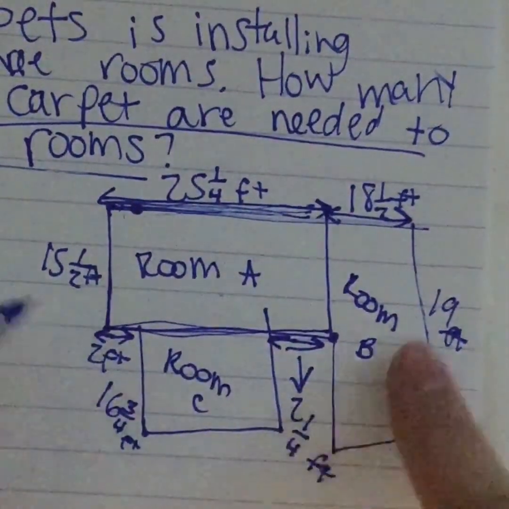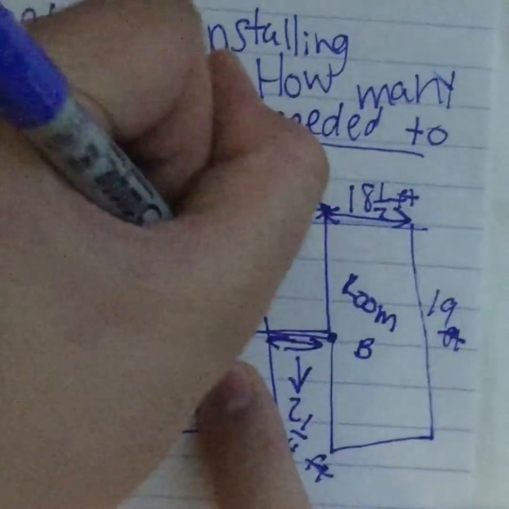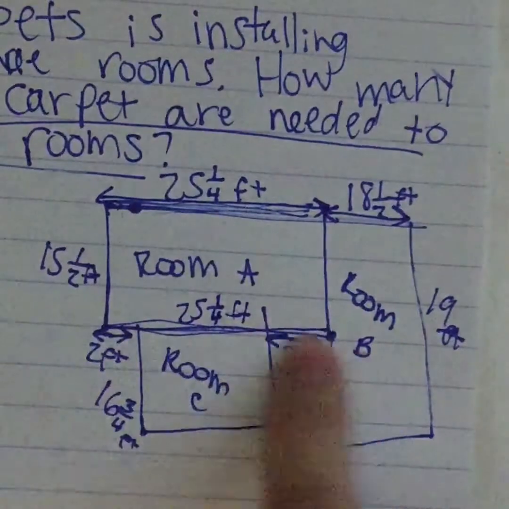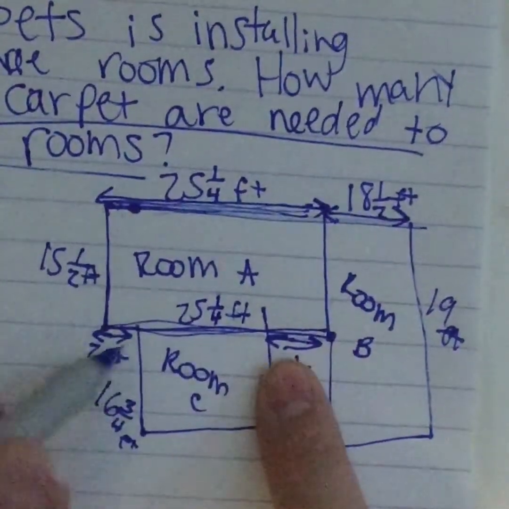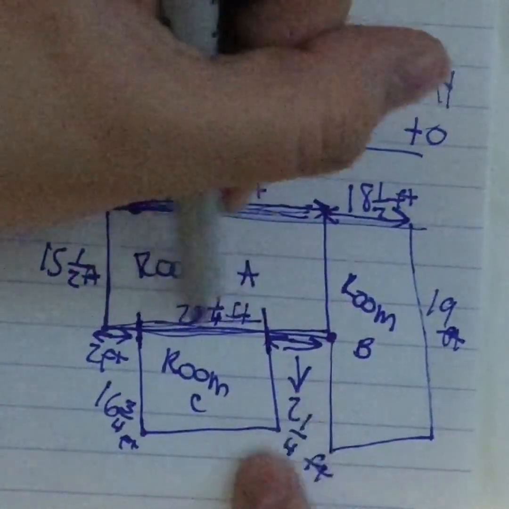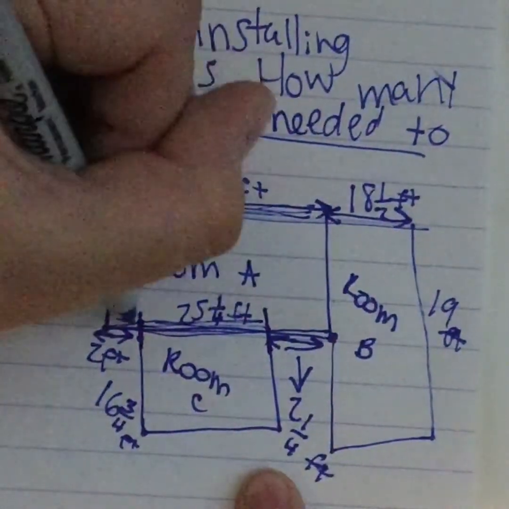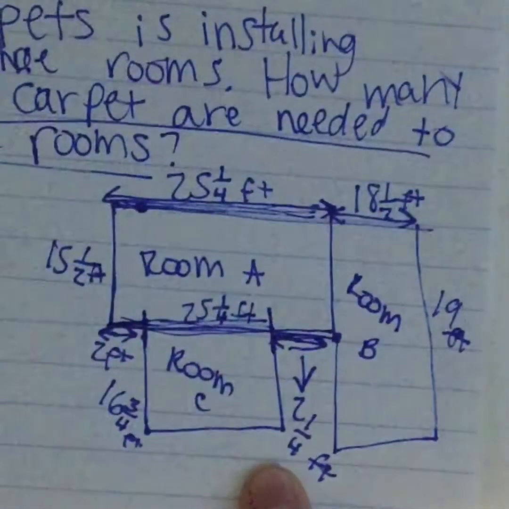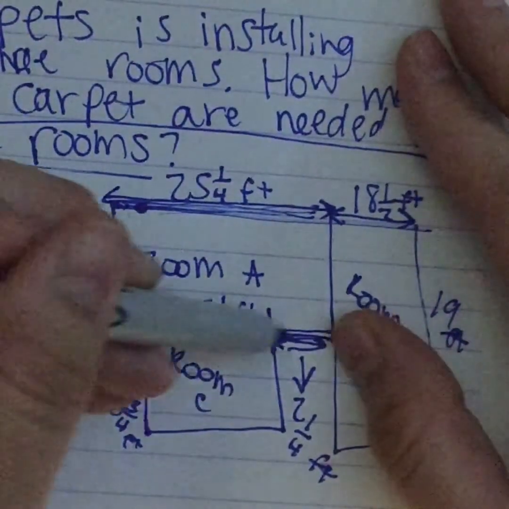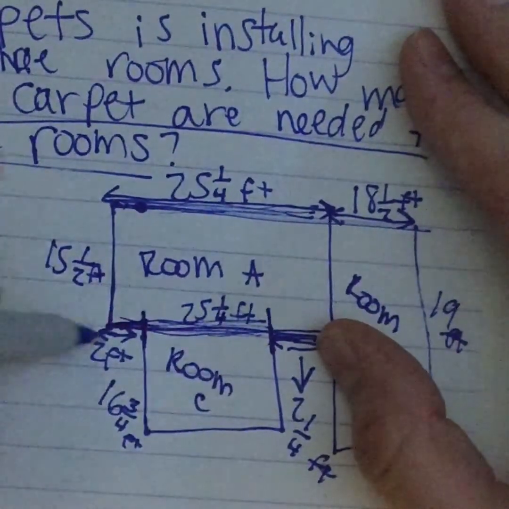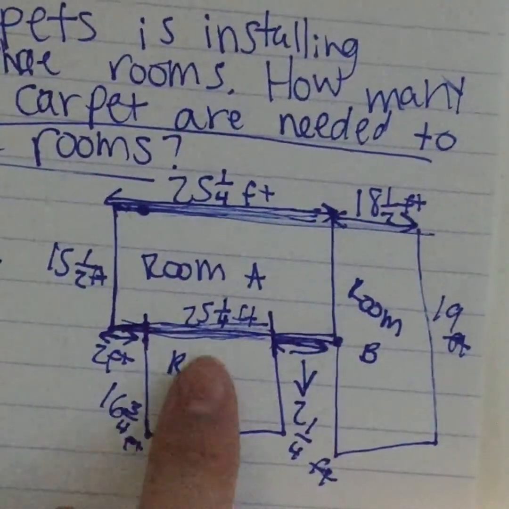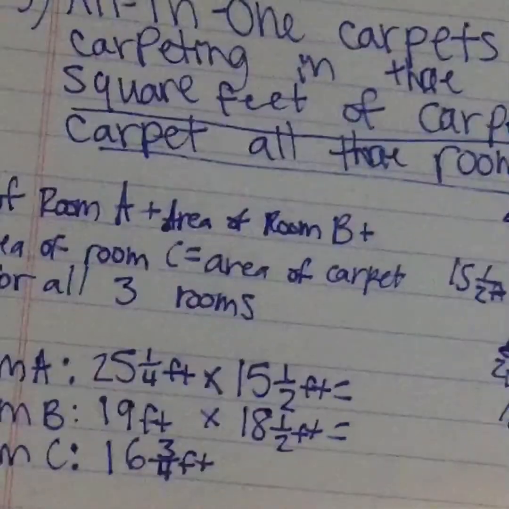So I'm writing 25 and 1/4 feet down here, so I remember this is the length of the whole line, but C isn't the length of the whole line. C is just this part right in between here. However, they did give us this part and this part. So if I'm thinking of it like a tape diagram, the total is 25 and 1/4 feet, but I can take away these 2 parts to have this other part. Let me show you how I did that.